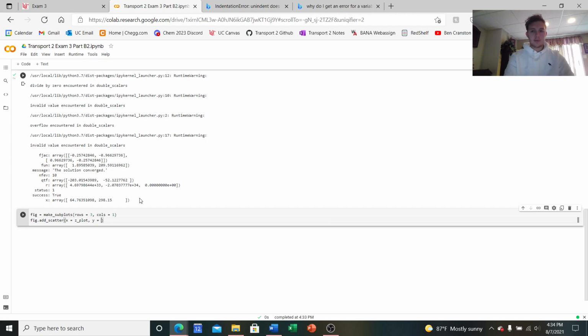Our y is going to be the solutions between first column, which will be our mole fraction, and then this colon pretty much represents it being able to cycle through each of those until the very last value in that array. We just need to change the name of each of these values to represent what they really are. So this first one's going to be the mole fraction, so I'm just going to put it as YW.